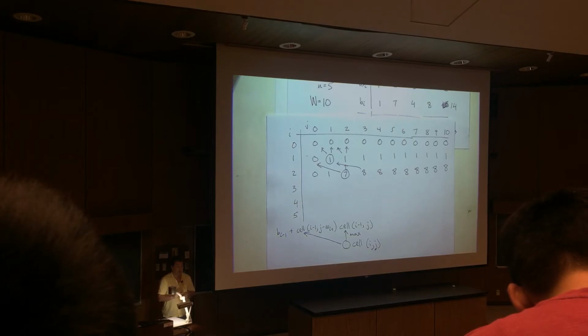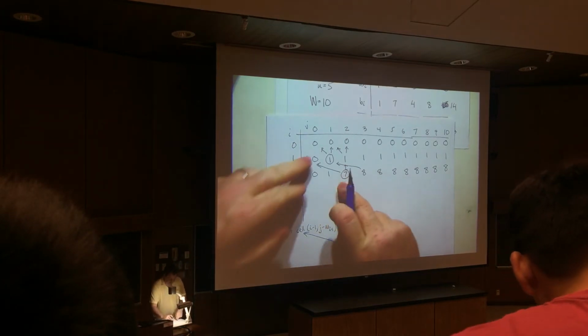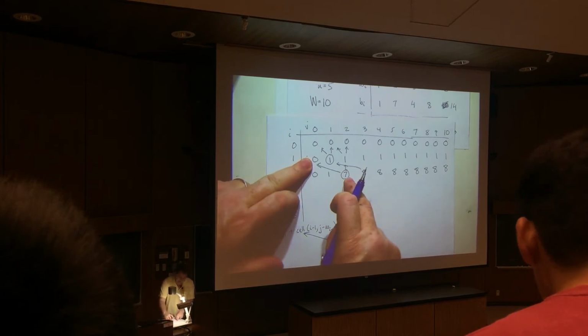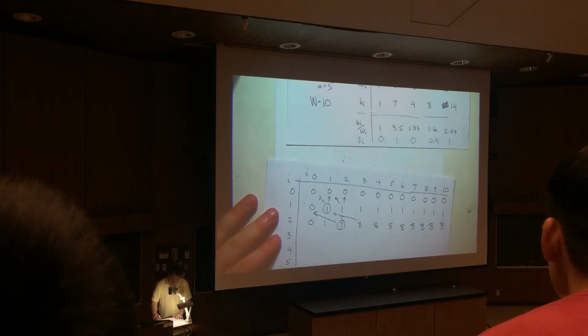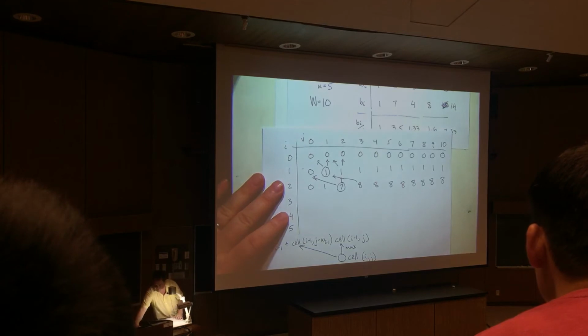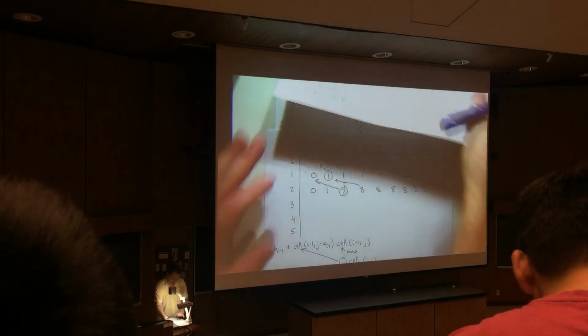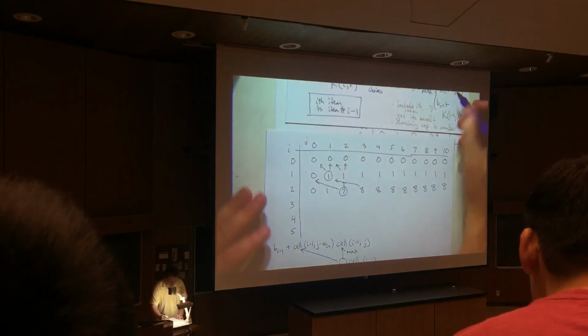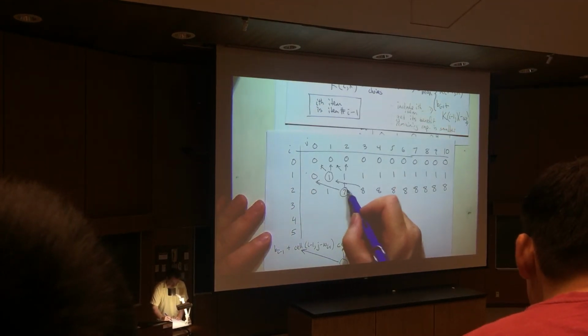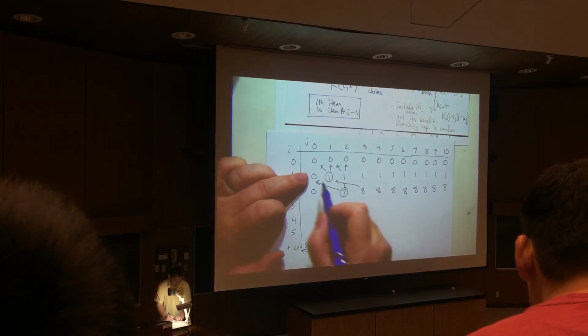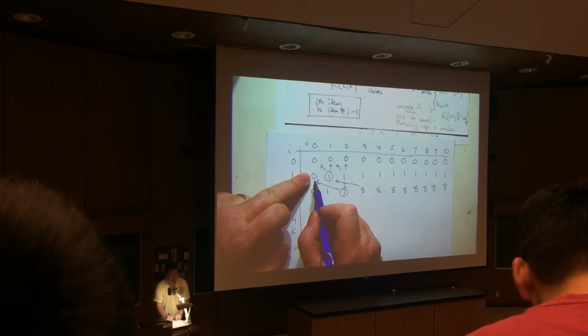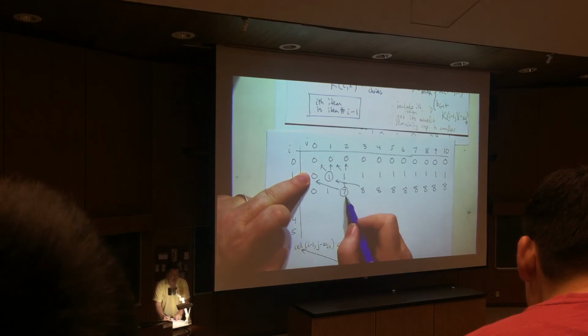Got it? Clear? How do you get the 7? The 7 is this 0 plus, where did I put the recurrence? It's this recurrence: the maximum of the value that's directly above it, a 1, or the value 2 units back plus 7, which is 0 plus 7, which is 7.